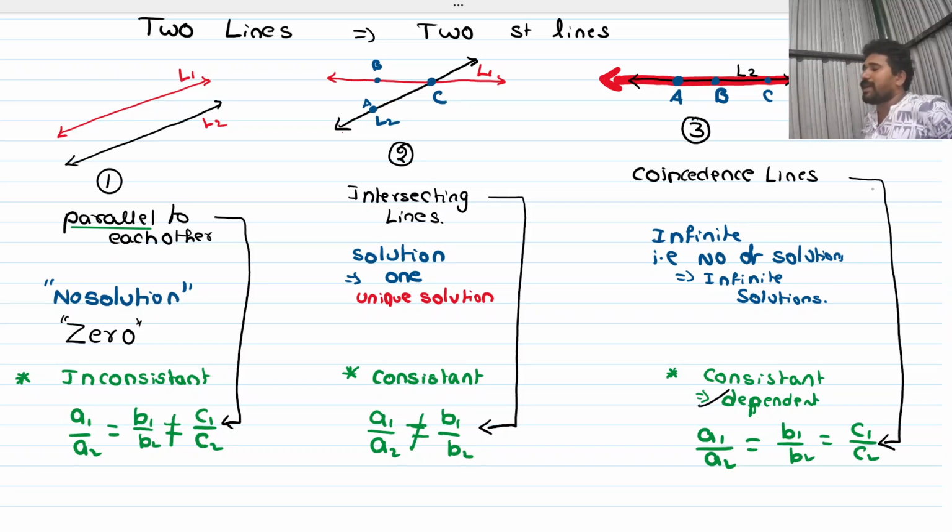For parallel lines, you tell no solution, you tell inconsistent, and you tell the full equation. Like that, intersecting lines: unique solution, consistent, and condition. Like that, coincident lines, what do you have to tell?